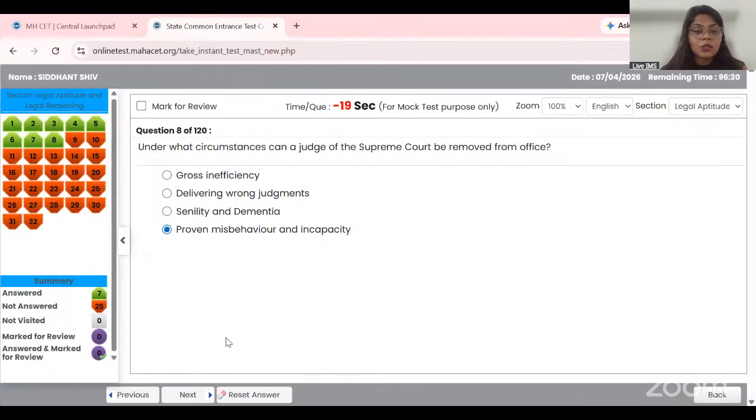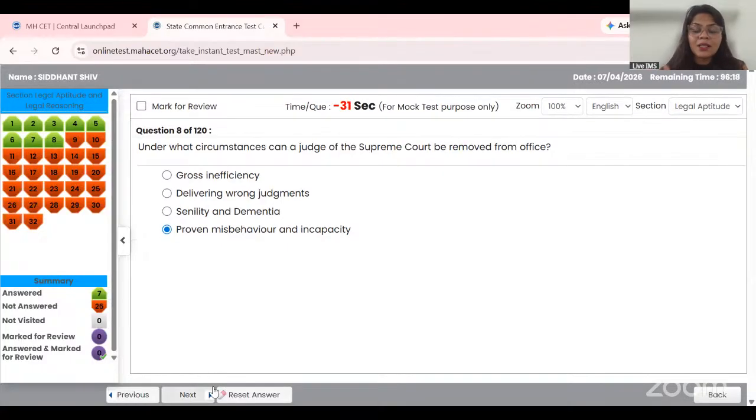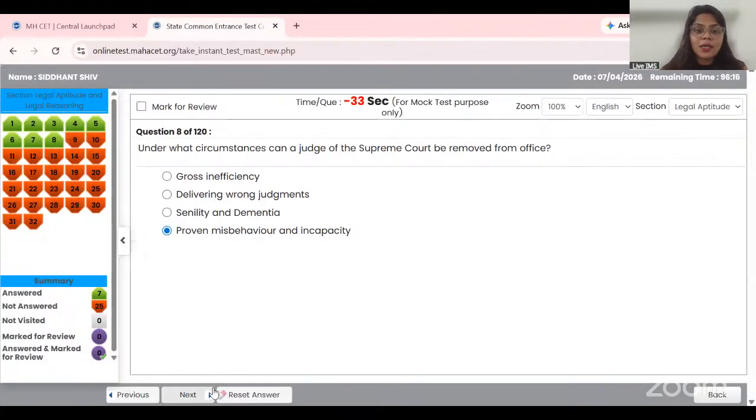So this is going to be your correct answer. So we mark it and then we move forward. Here you look at other options: delivering wrong judgments, senility and dementia, gross inefficiency. These are something which I would say remotely can be considered, but the actual answer is already mentioned, so we will be going with that.